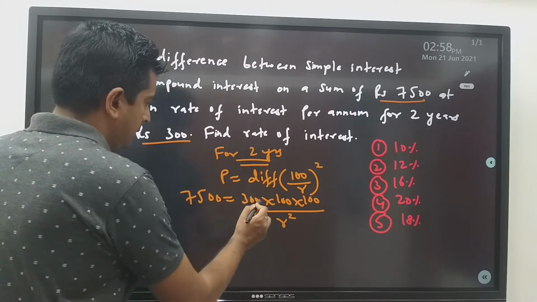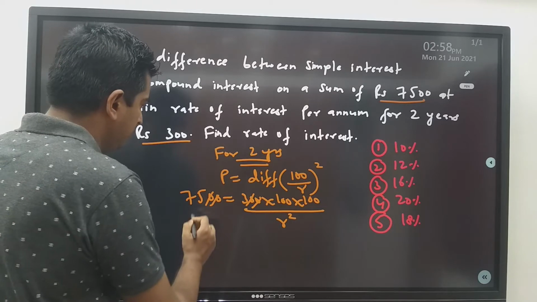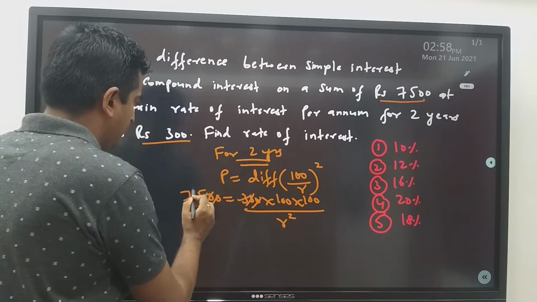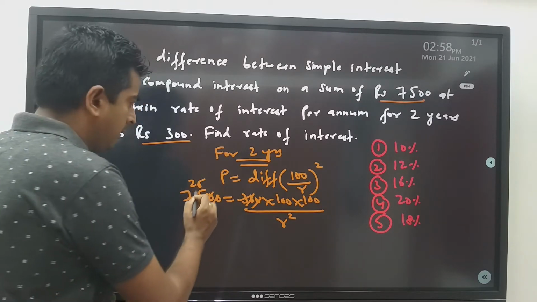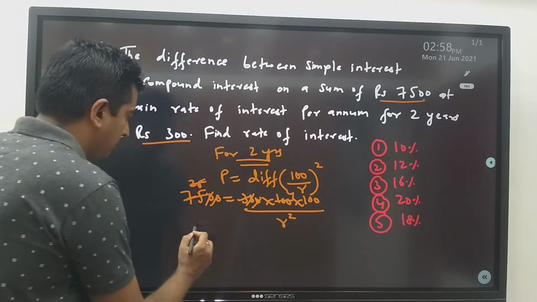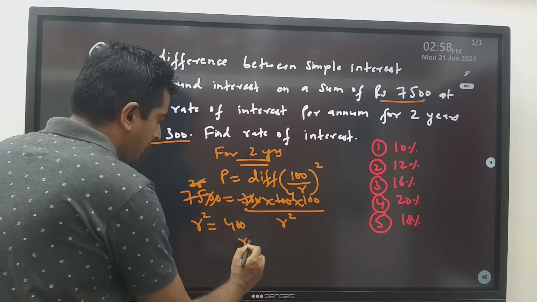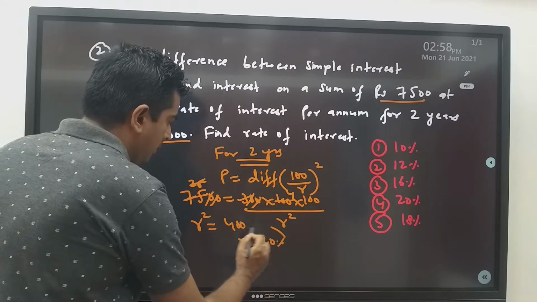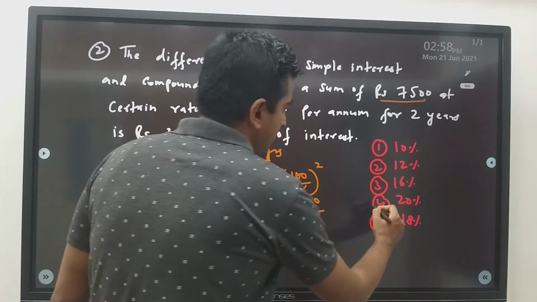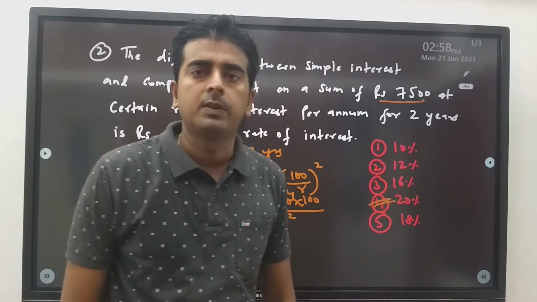Right? So the zeros will go out, and 3 twos are 6, 25 fours are 100, so R square is equal to 100 into 4, 400. R is equal to 20%. My answer is nothing but fourth option, which is 20%.